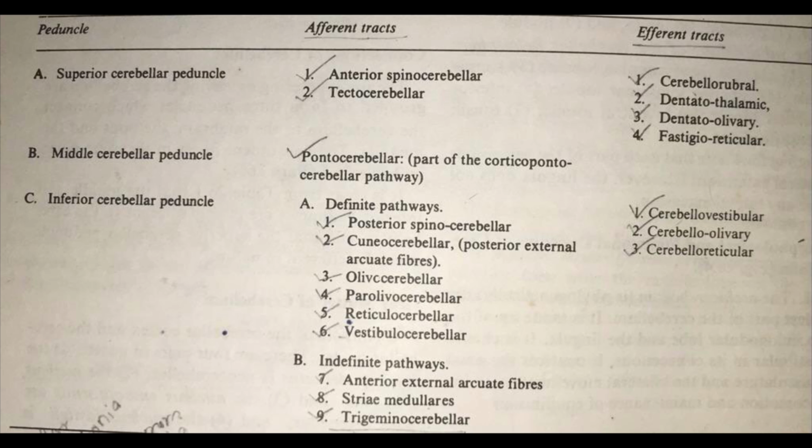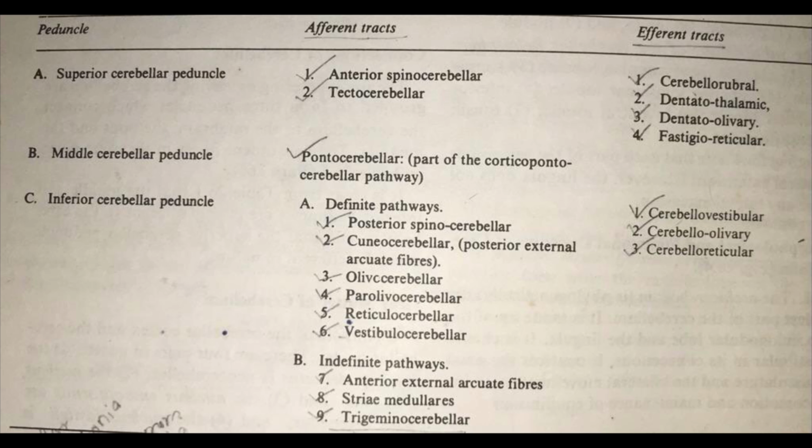In the inferior cerebellar peduncle, you can see the definite pathways. It shows the posterior spinocerebellar, again from the spine. Then cuneocerebellar, from the cuneate nucleus; we already saw the cuneate tubercle in the medulla oblongata. Olivocerebellar, parolivocerebellar, related to the olivary nucleus of the medulla.